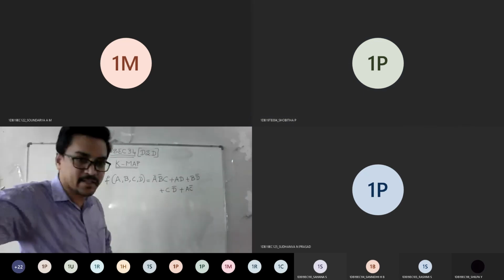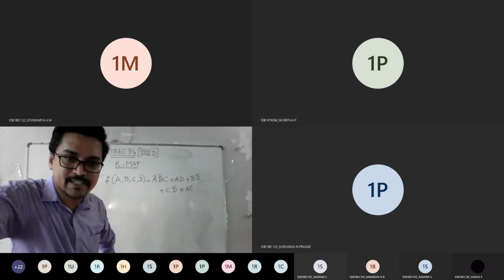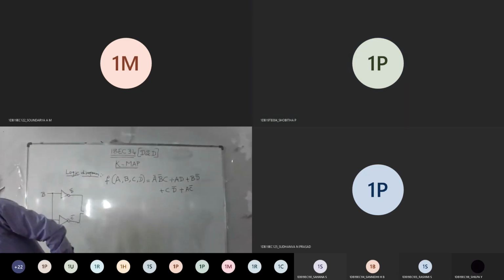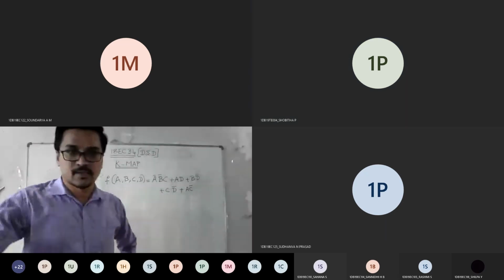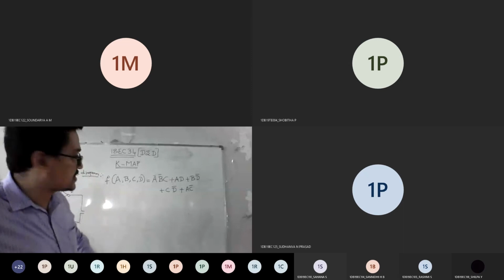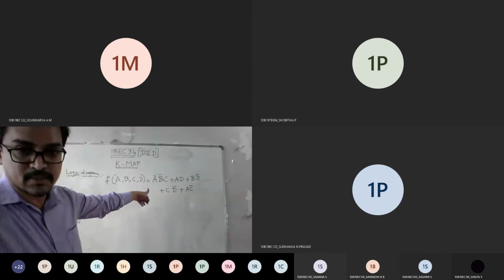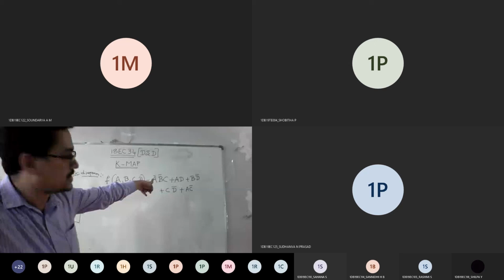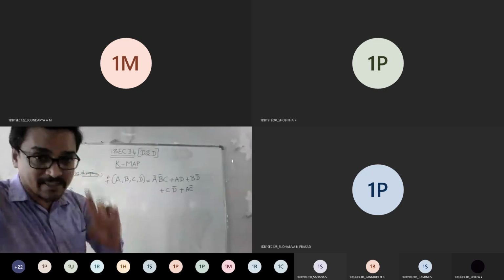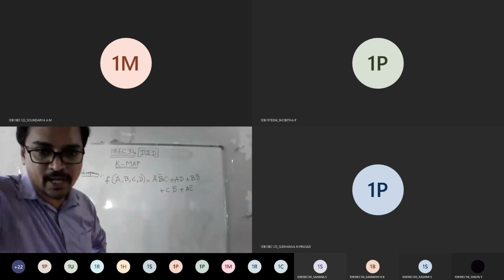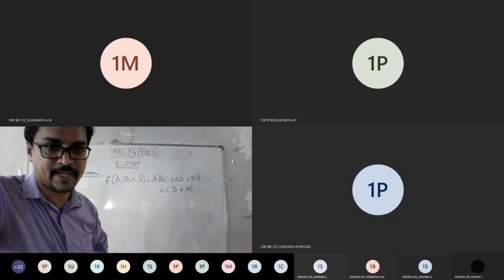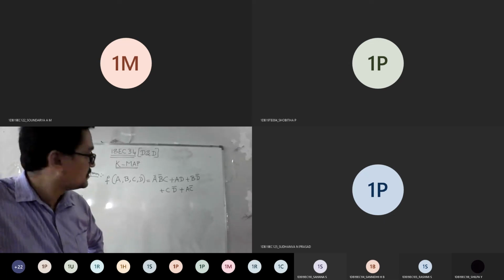See, whatever is given in the question is already simplified. Agree? Yes, sir. You can make a note. See A, B, C, D. There is only A bar B bar C, then A D is there. So now how you can plot this in a K-map table is the question.